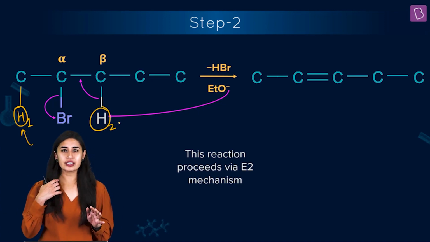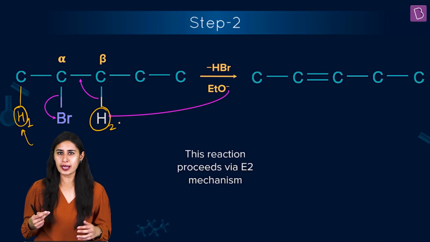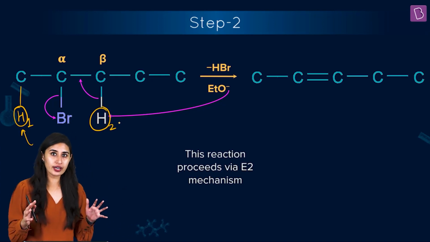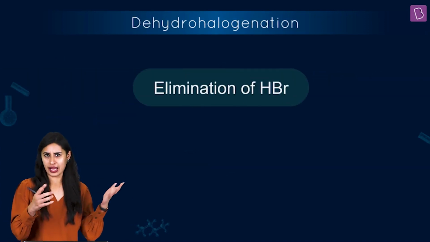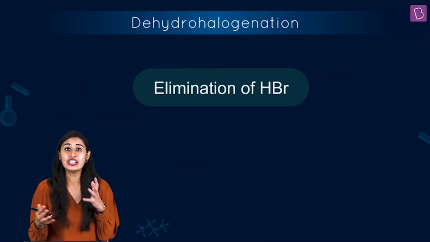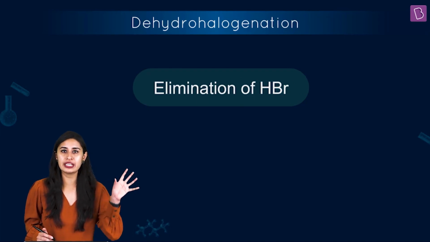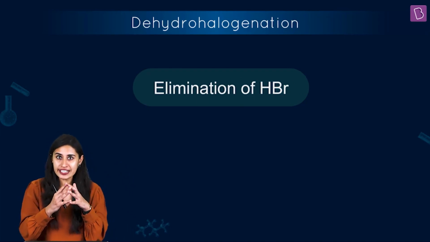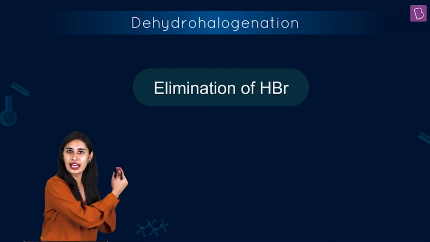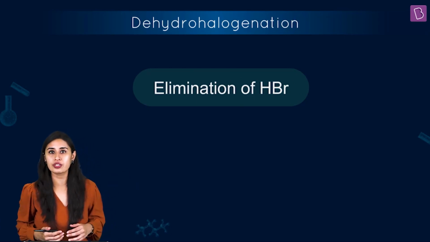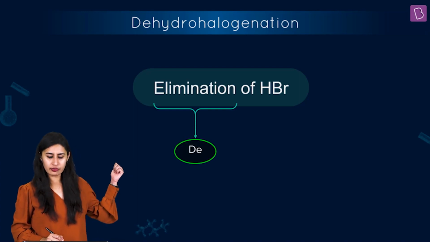So if I take it individually, step by step, let's take a look. We have already understood that HX has been eliminated, and out here it is HBr. If we decode this statement, elimination of HBr, if we understand what the organic chemistry definition is trying to tell us, we will be able to decode it very well.